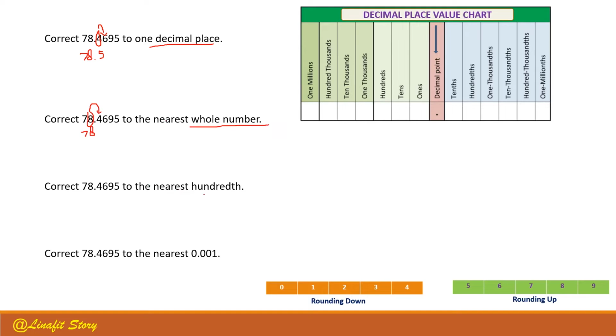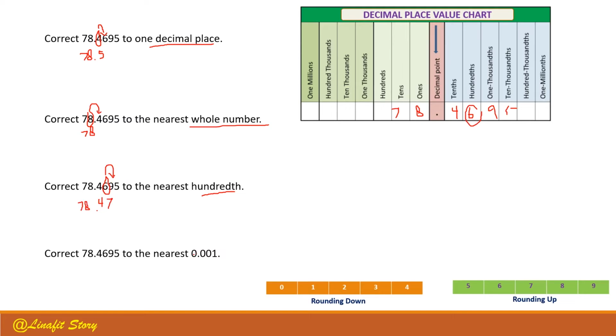How about to the nearest 0.01? 7, 8, 4, 6, 9, 5. So this is 6. After the digit 6 is 9. 9 means round up. So 6 plus 1 is 7. So the answer is 78.47. How about this one?